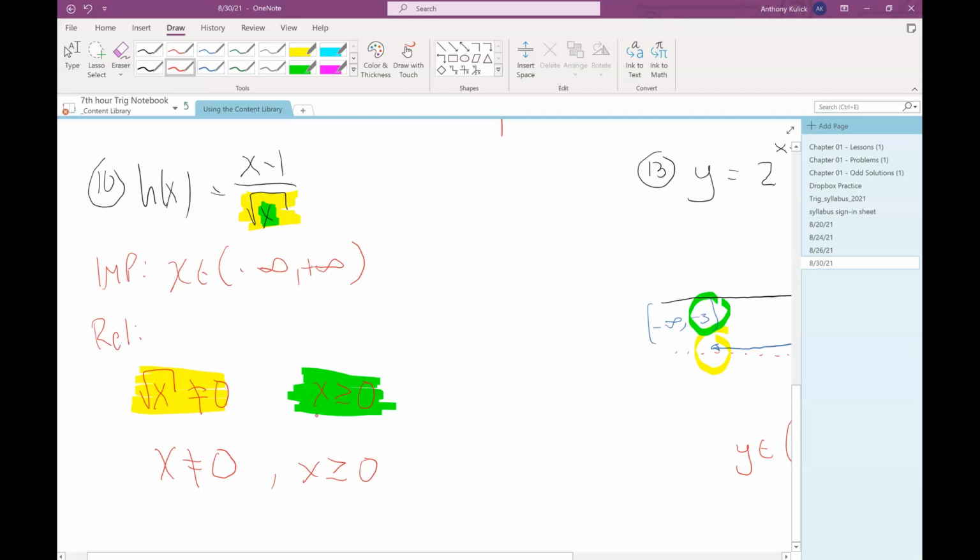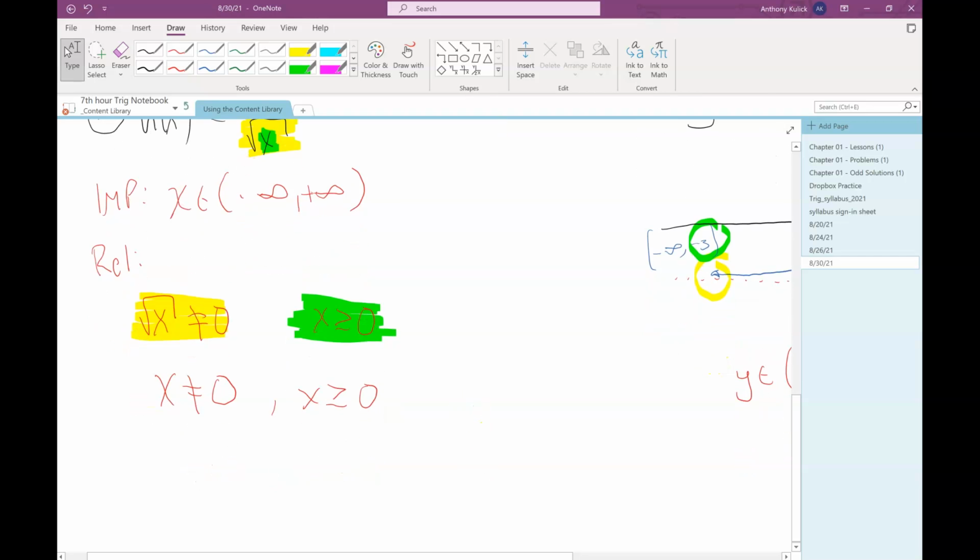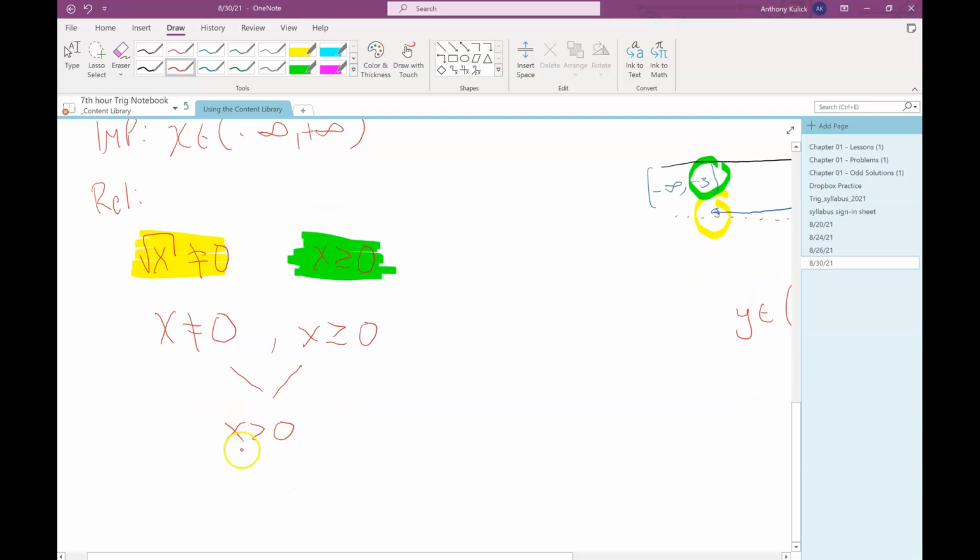So far, so good. Now, I have x cannot equal 0, and I have x is greater than or equal to 0. Let's combine these into a single thing. If x can't be 0, can it really be greater than or equal to 0? No, it can only be greater than 0. So that's the inequality I have.